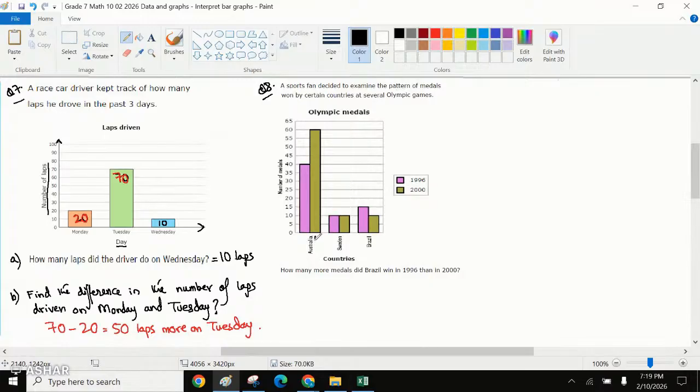So the countries are Australia, Sweden, and Brazil. The purple shows 1996, right? And the gold shows us 2000. So the question is asking us, how many more medals did Brazil win in 1996 compared to 2000?